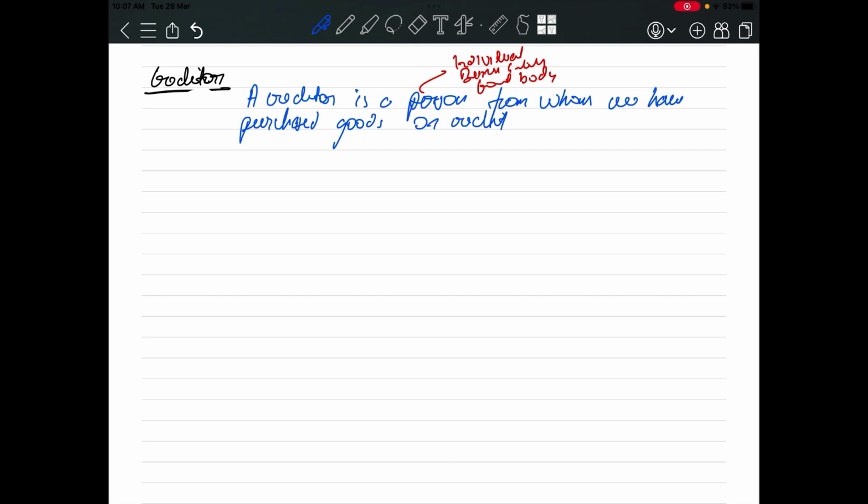Simple. Who was a debtor? Debtor was a person to whom we have sold the goods. Now creditor is a person from whom we have purchased goods on credit.